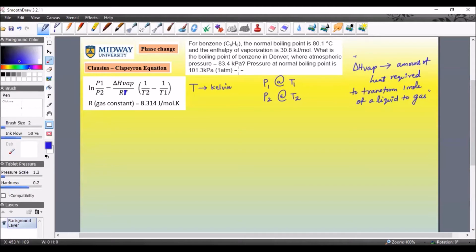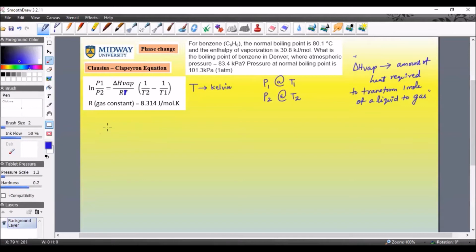But we want to know what temperature benzene would boil at. This question would help you answer why a liquid would boil faster in Lexington or in Denver. Maybe this question would directly answer that.